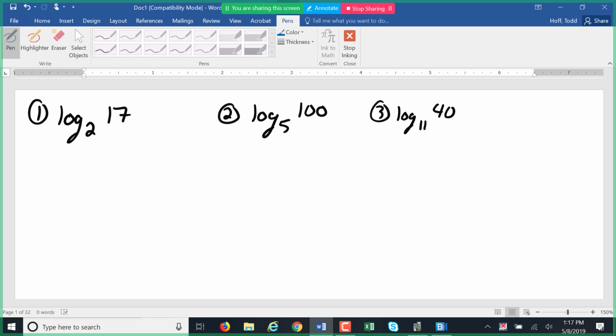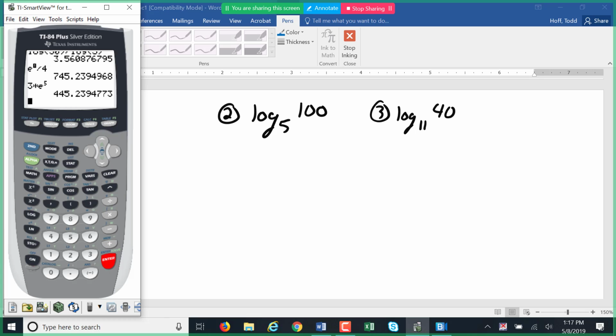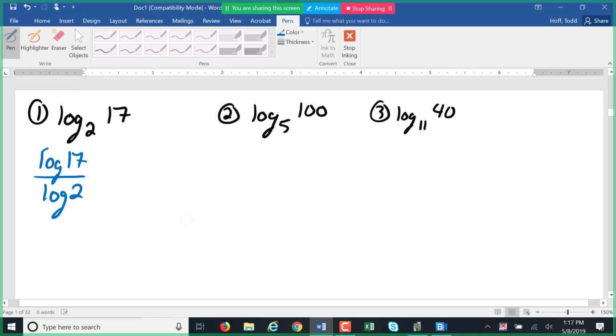So the first one here is log of 17 divided by the log of 2. Doesn't matter whether you use log or ln. We get 4.087.